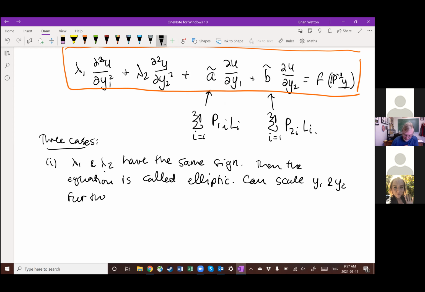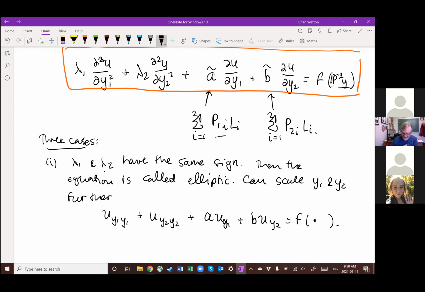Now I'm not changing the direction of the coordinates, I'm just scaling them so that you can end up with u_y1y1 plus u_y2y2 plus a u_y1 plus b u_y2 equal to this F of the transformed coordinates.